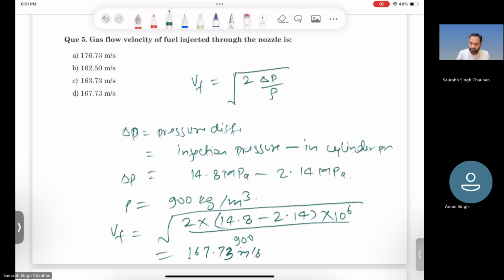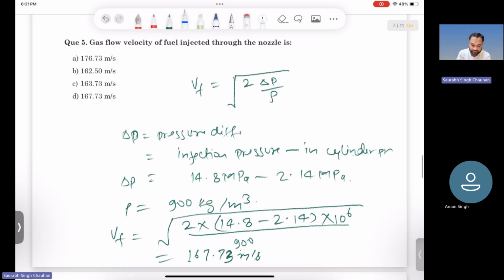Yes. So which option? Option D, right? Yes.